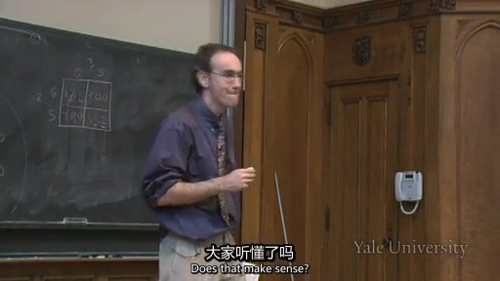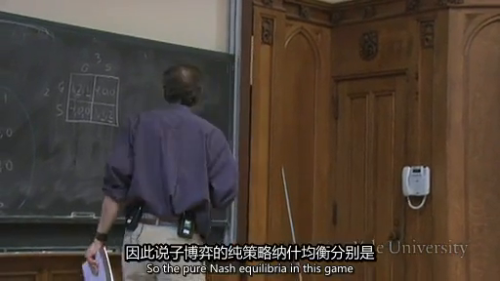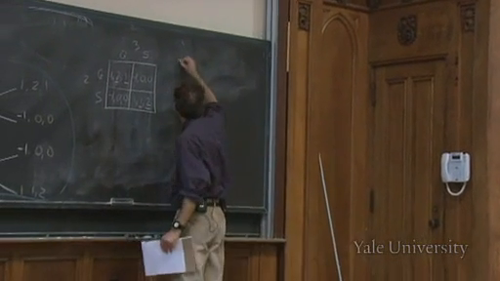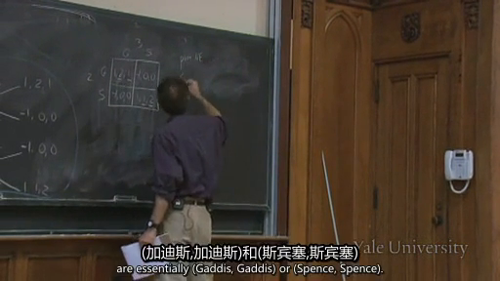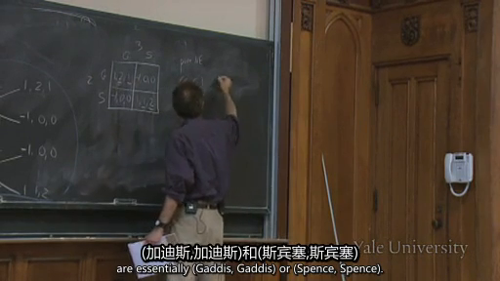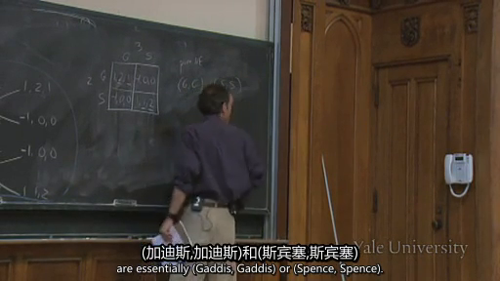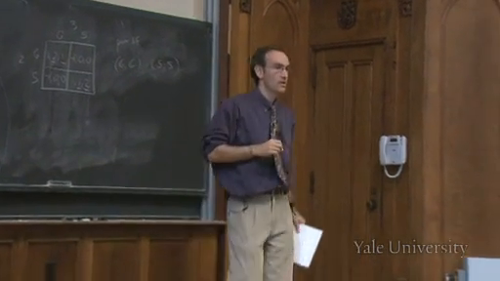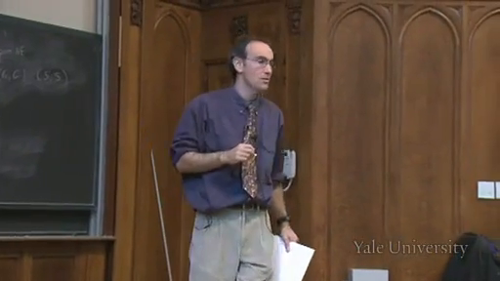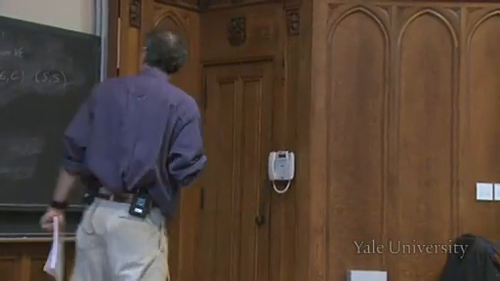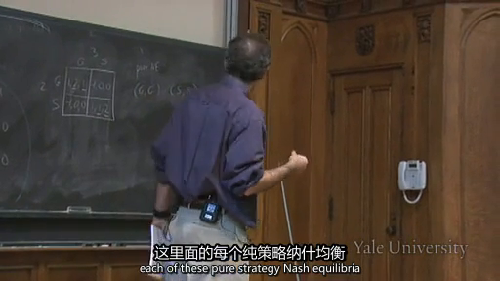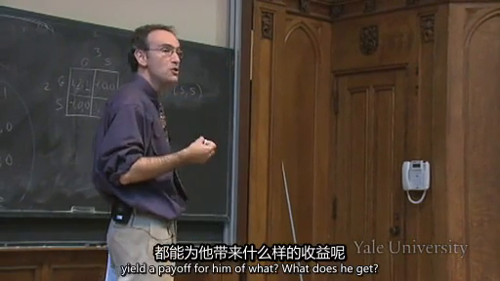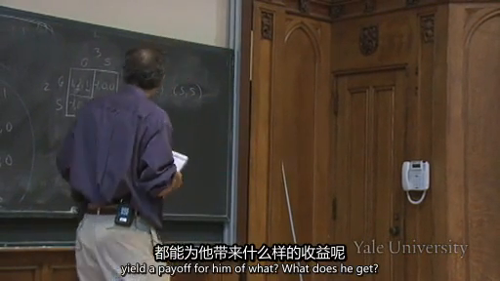That makes sense? The pure Nash equilibria in this game are essentially Gaddis, or Spence. Well, that's pretty easy. From Jake's point of view, each of these pure strategy Nash equilibria yields a payoff for him of what?